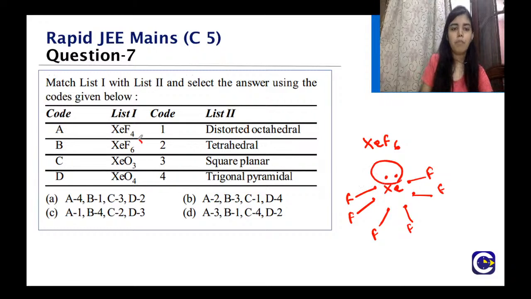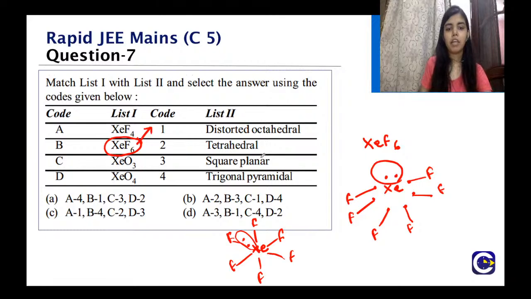So this is very important that XeF6 has a distorted octahedral structure. It will have the structure like this. An octahedral structure basically, and the lone pair is somewhat present here, right? So it is a distorted octahedral structure. So for B, first is the option, right?